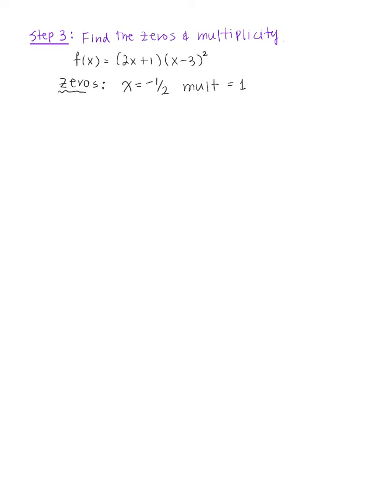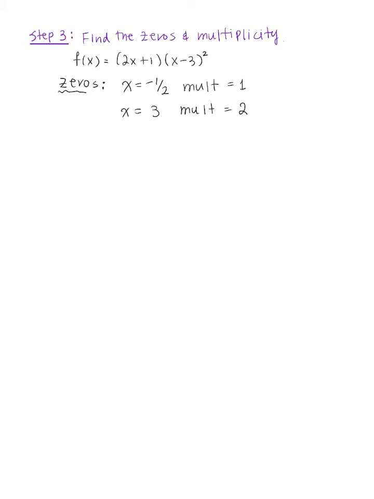Do you remember what the graph's going to do? If the multiplicity is 1, yes, it is going to cut across the x-axis. And then when x equals 3, that's another zero, with a multiplicity of 2. That means that at x equals 3, your graph is going to touch the x-axis.